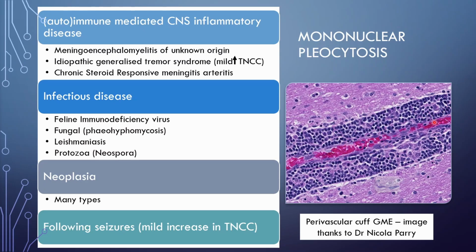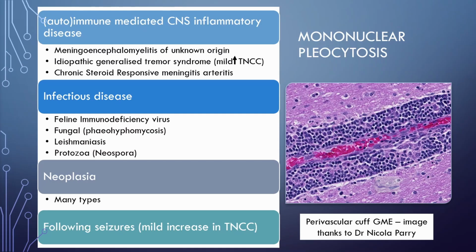And this is a perivascular cuff. So you have the blood vessel here, and all of these dark blue cells are the lymphocytes and the monocytes that are coming out of the blood supply, pavementing out of the blood supply into the perivascular space, out into the meninges, and also into the brain itself.